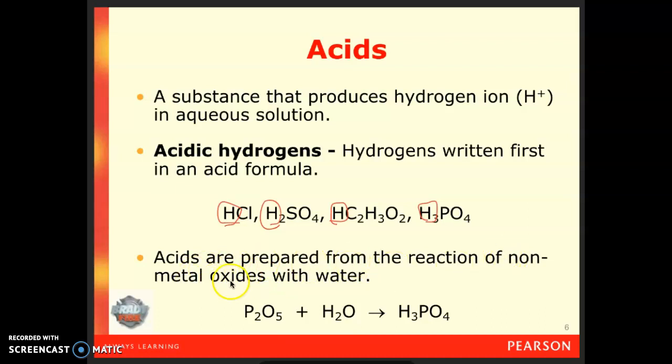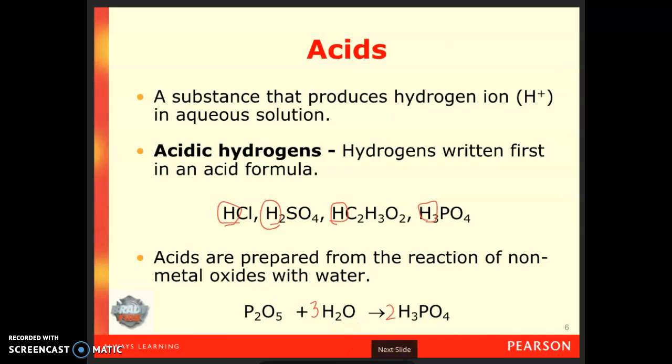You then take that nonmetallic oxide and react it with water. And the end result is that you get a chemical equation that, once we balance it, will yield for us phosphoric acid out of this nonmetallic oxide.